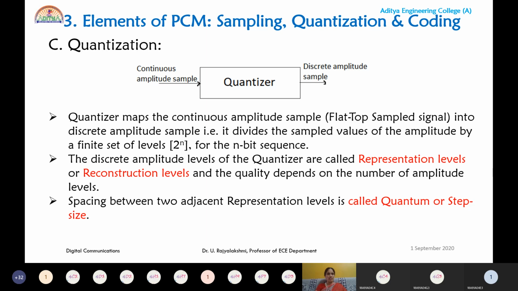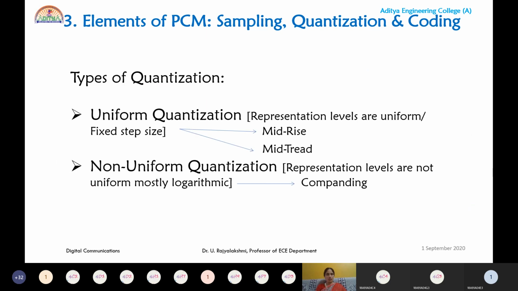We already discussed these 2 points in the last class. Uniform quantization is where the step size is fixed, and step size is the spacing between the representation levels. If the spacing between the representation levels is not uniform, then it is called companding. This is about the classification of quantization.